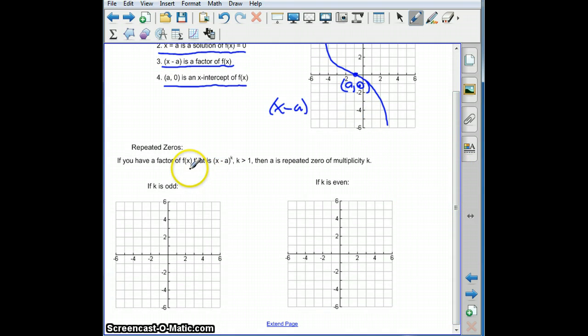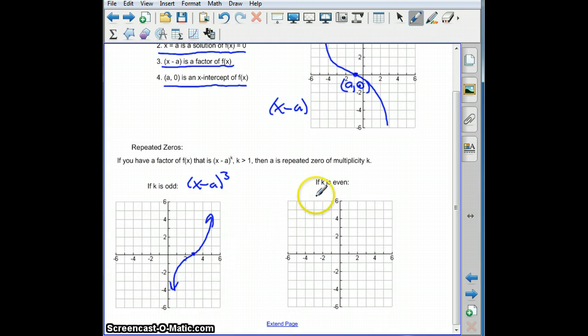Well, if you have a factor of f of x that is x minus a raised to the k power, and k is odd and more than 1, for example, let's say k is 3, so we might have x minus a to the third, then it's going to cross the x-axis. So let's say that a is right there. Then it's going to be going right through the x-axis like that.